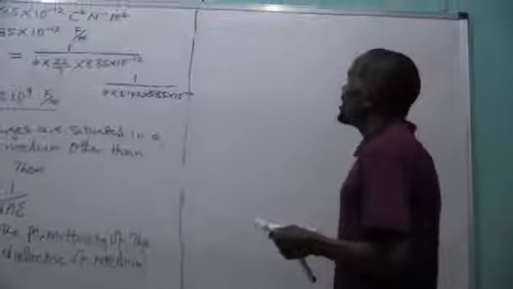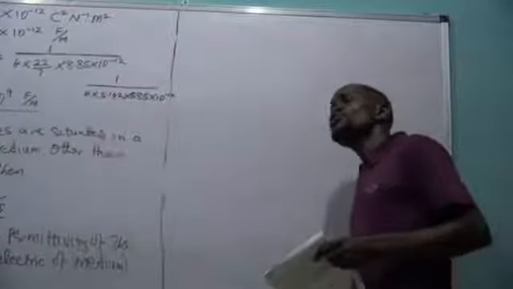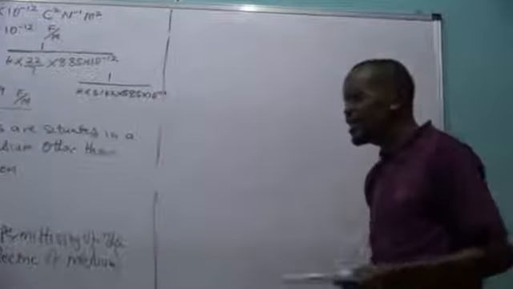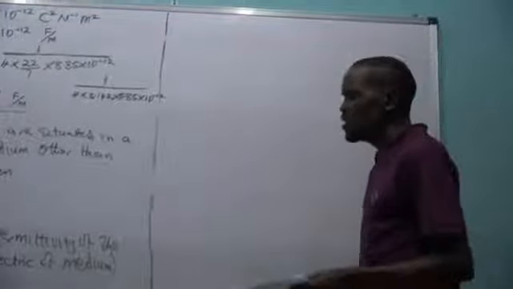So we say that the force of attraction or repulsion between two charges depends on the medium where they are situated. If they are situated in air, it becomes free air. When they are situated in oil or water or another medium, it's not the same.